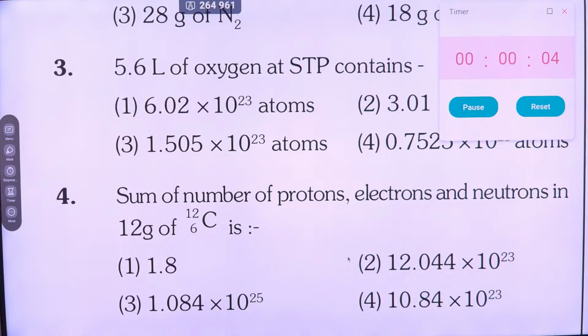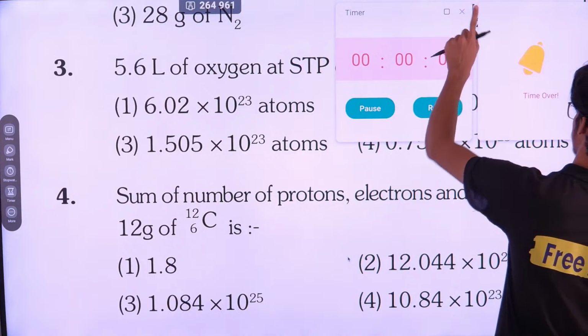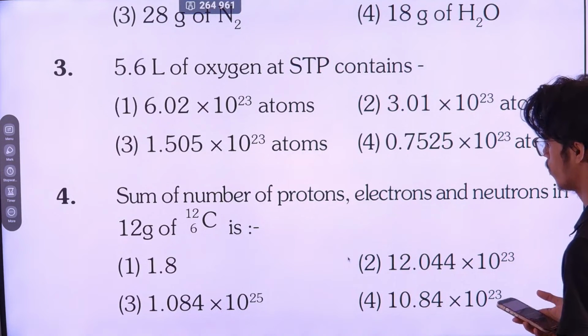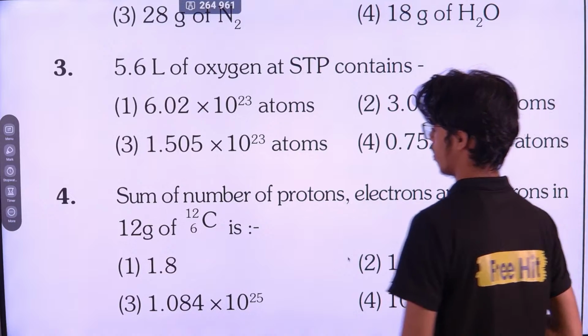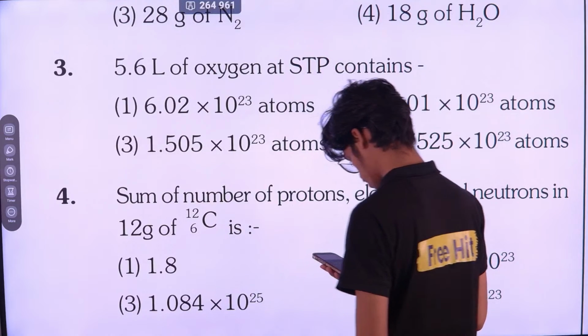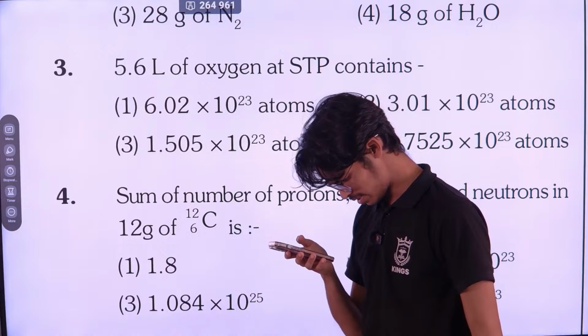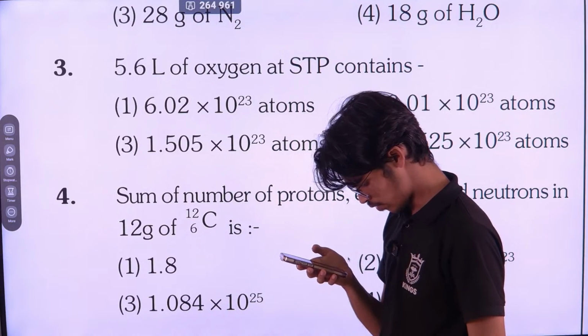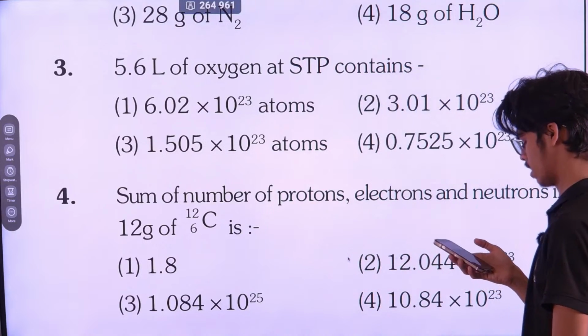Tell me. Okay, sum of number of protons, electrons and neutrons in 12 gram of 12C6. Okay, let's see if somebody has answered. Somebody said 2 into 14 into Na.